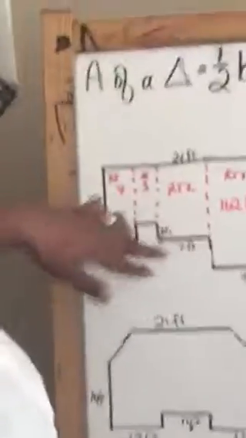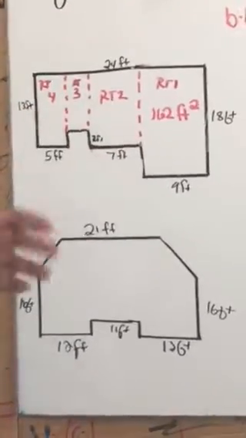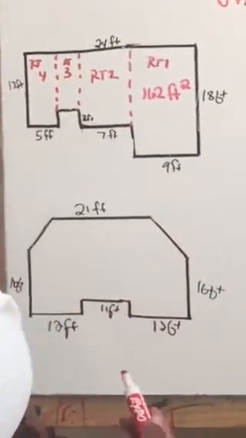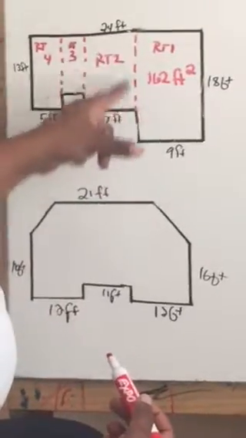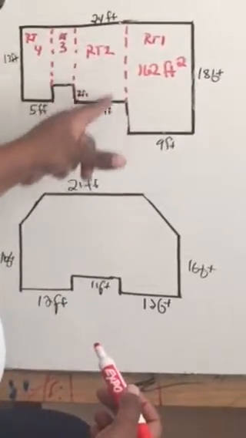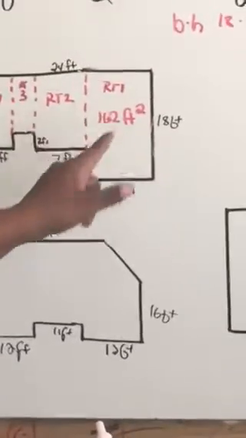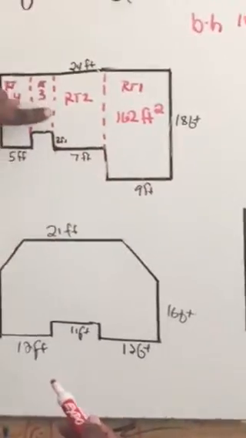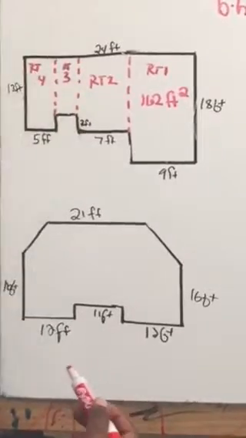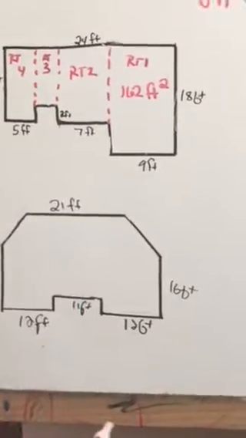And if we go to right here, well, we don't know this side right here, which is part of this rectangle. So we don't know the feet of this line.